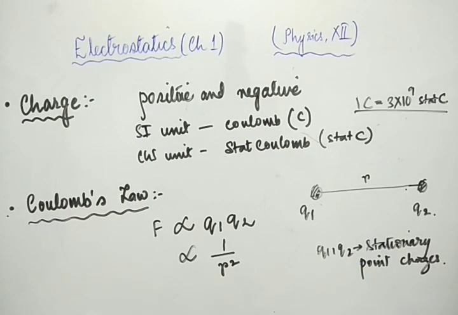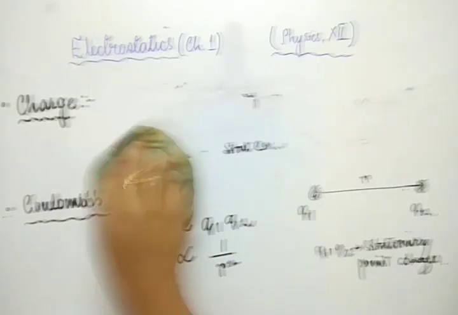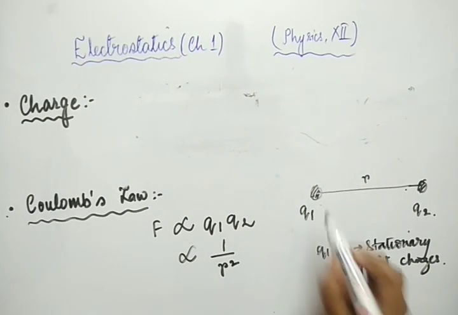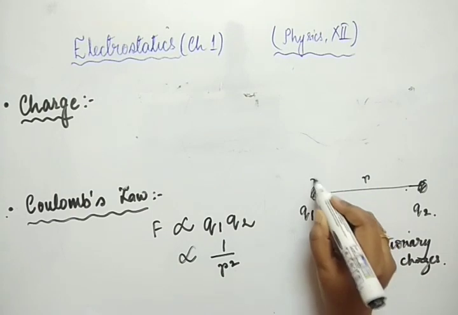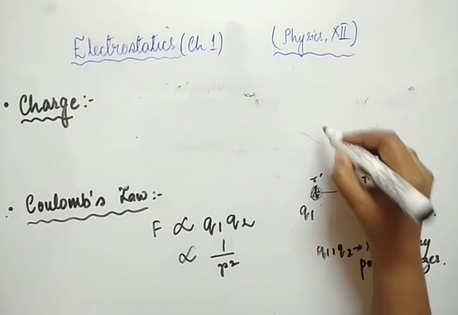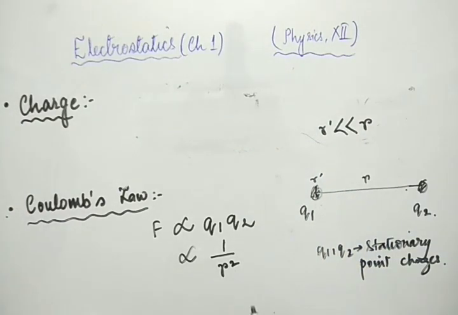Now what is the meaning of point charges? Suppose you take a charge, suppose you consider this charge only. If its dimension, suppose its radius, is r prime, then r prime should be very, very small compared to r, the distance between these two charges.